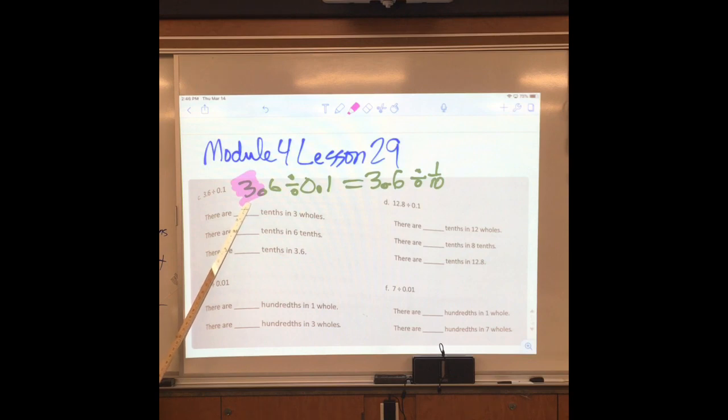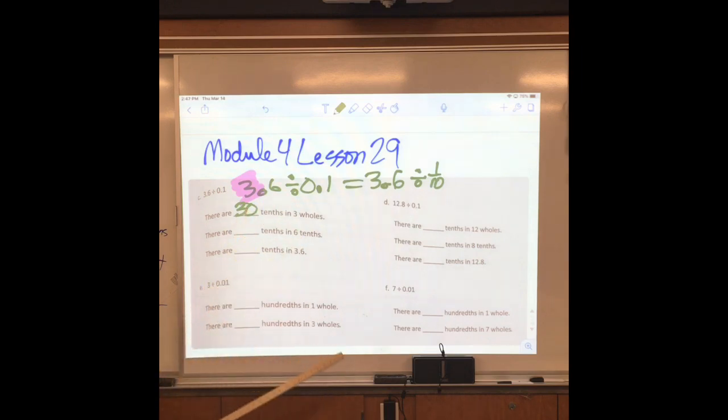And if we exchanged our $3 for dimes, how many would we get? Well, we get 10 dimes in $1, so we would get 30 tenths in 3 wholes, right? And there are how many tenths in 6 tenths?